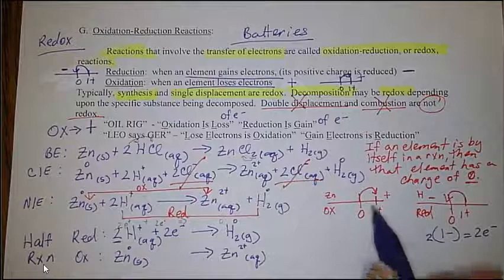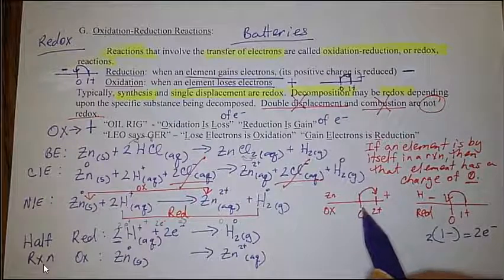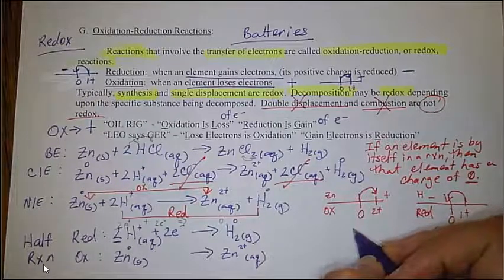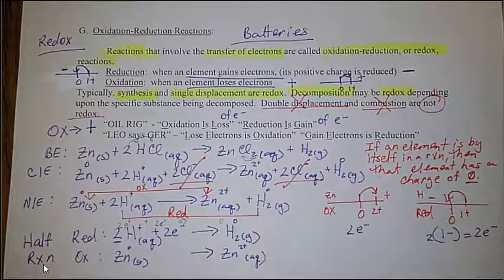Oxidation, on the other hand: I'm going from 0 to a 2 plus, and I only have 1 zinc each time. So I'm just losing 2 electrons, but I'm doing it only 1 time because there's 1 zinc on each side. Remember that this is 0.